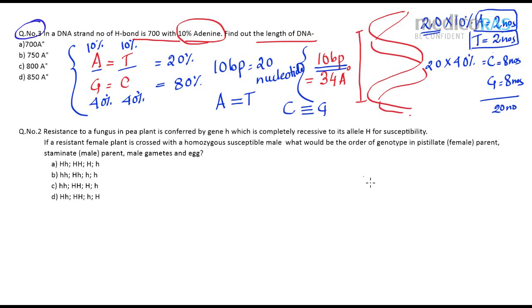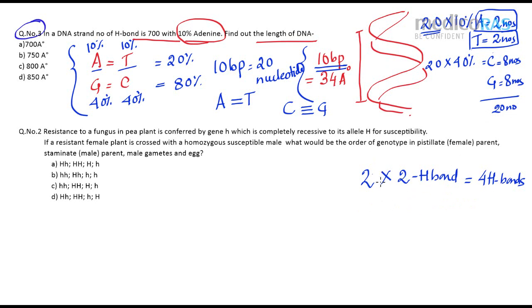So if I have 2 adenine, how many hydrogen bonds do I have? For 1 I have 2 hydrogen bonds, correct? So for 2, how many total hydrogen bonds do I have? 4 hydrogen bonds, correct? So similarly, if I go like this, then I can find out all the hydrogen bonds which are present here, right? That means total how many hydrogen bonds?